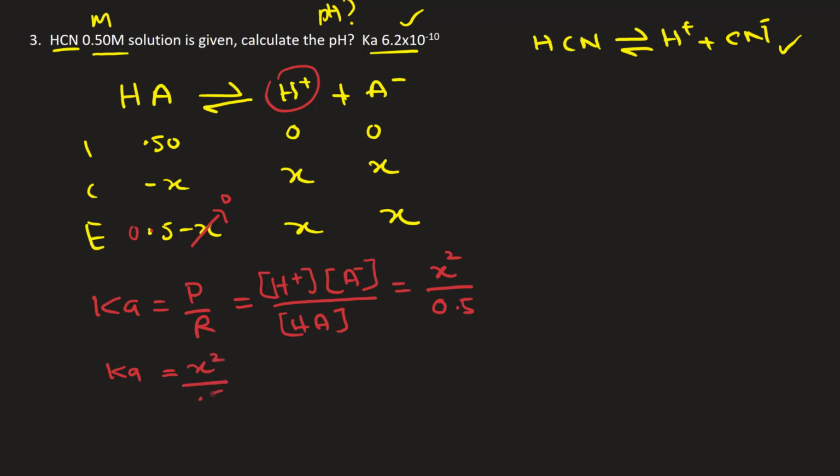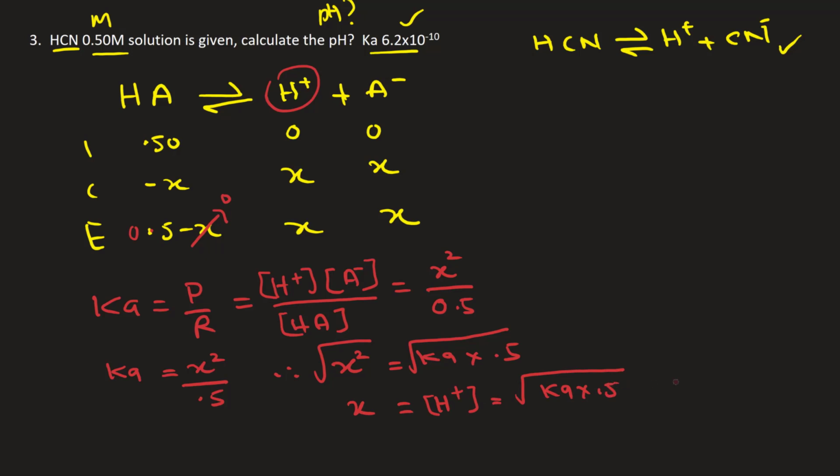And now we can plug in: the Ka is X squared over 0.5, and let's do the cross multiplication and take the root because we need the X, right? So now the root of Ka times 0.5. Let's do the math here. Make sure you have a bracket there when you use the TI-84, and there you go.